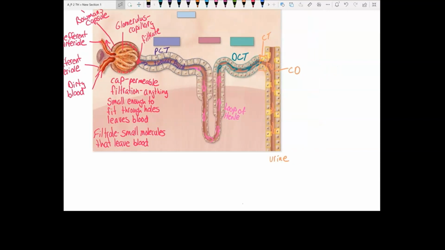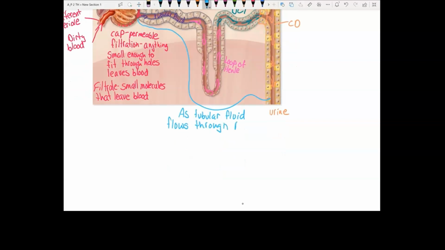As it's flowing through these areas, from proximal convoluted tubule all the way to here, you are making adjustments to it.